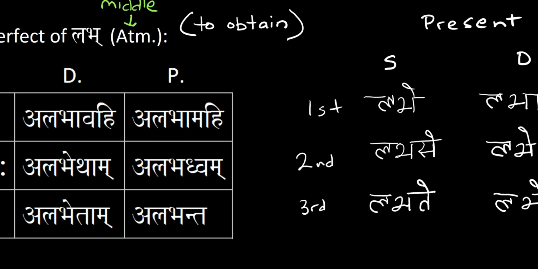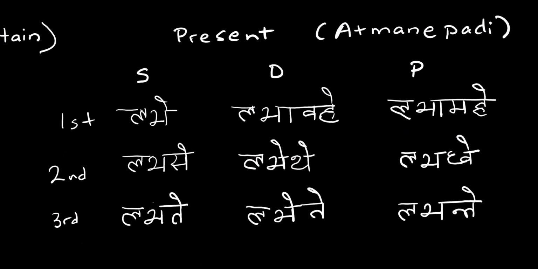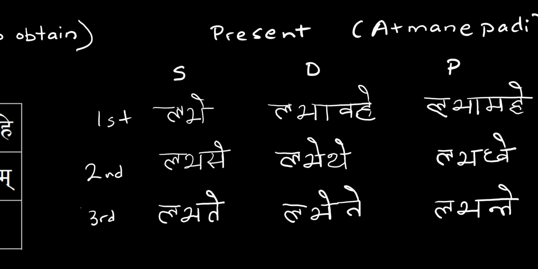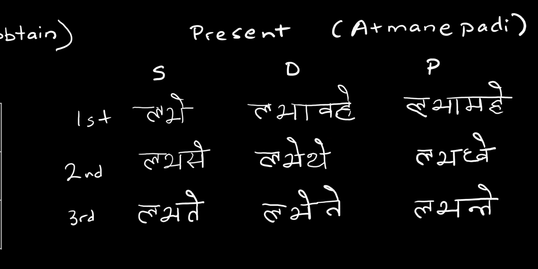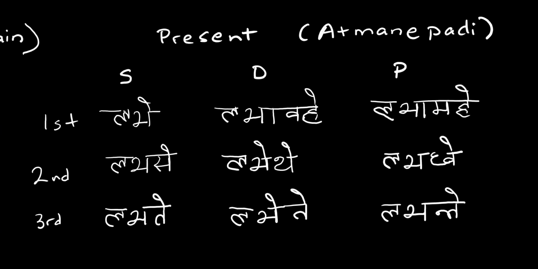So remember how this was conjugated in atmanepadi: labhate, labhete, labhante, labhase, labhete, labhadhve, labhe, labhavahe, and labhamahe, starting from third person to first person. So that is what that table looked like for atmanepadi type verbs. That's how you would conjugate to obtain in the present tense.